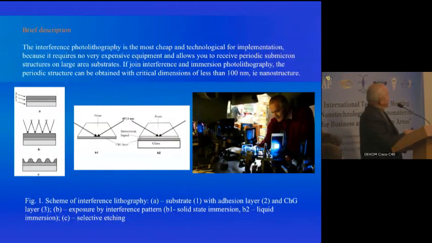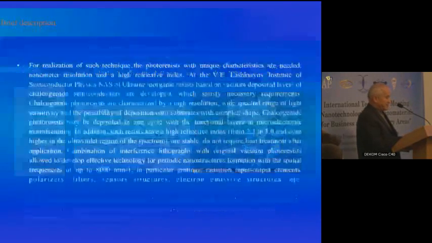If we add immersion to interference lithography, we can decrease the size of critical elements to sub 100 nanometers, and we can form a nanostructure here. To organize this method, we need photoresistors with unique properties.